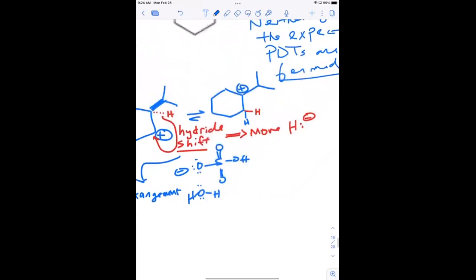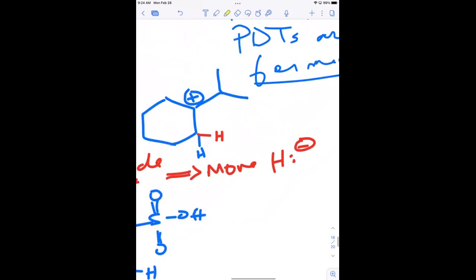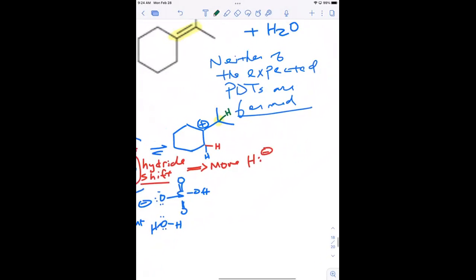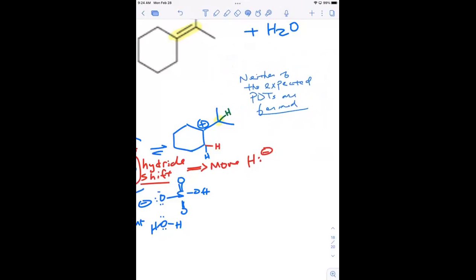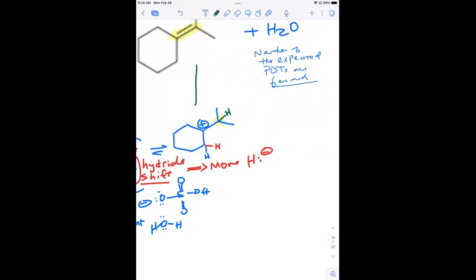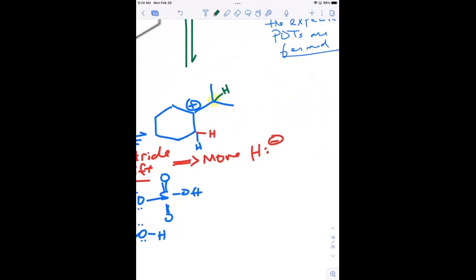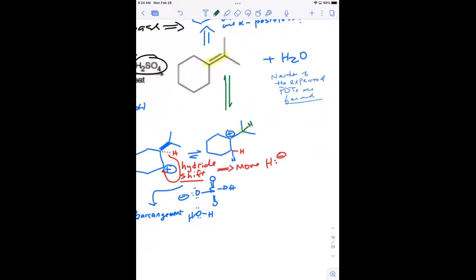All right, so now we're here, and this proton is now alpha. So now we're in a position to eliminate. When we talked about this E1 the other day, how do we show the elimination happening? Anybody remember? Was it the conjugate base that we used, or was it water to do the elimination? Conjugate base.